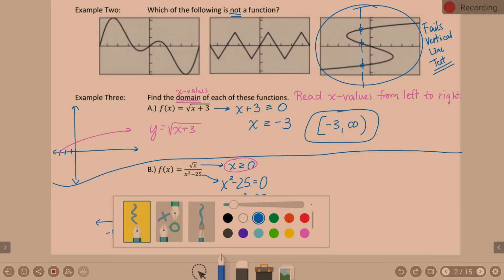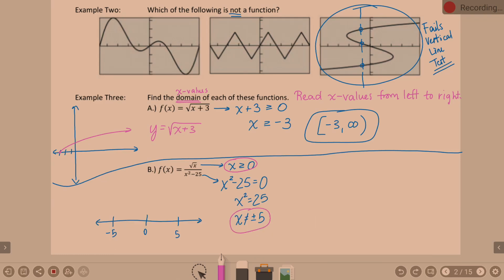So if we're looking at this, we know, first of all, that x cannot equal 5 and negative 5, yes? So if x cannot equal 5 and negative 5, I'm thinking open circles for the moment. Just trying to visualize.